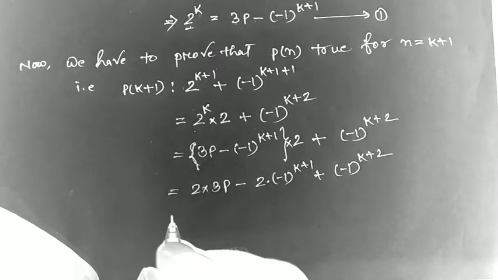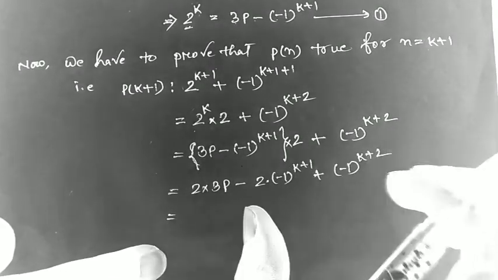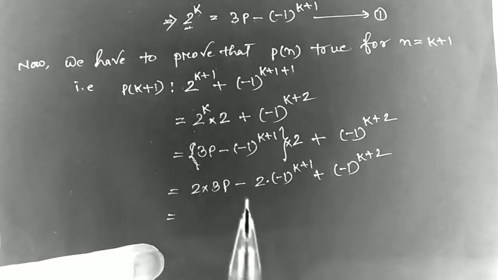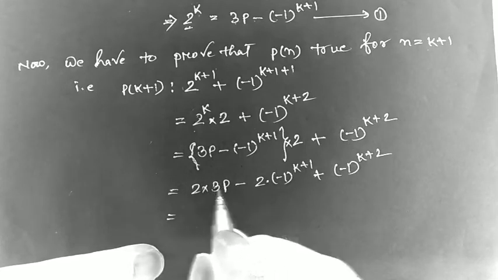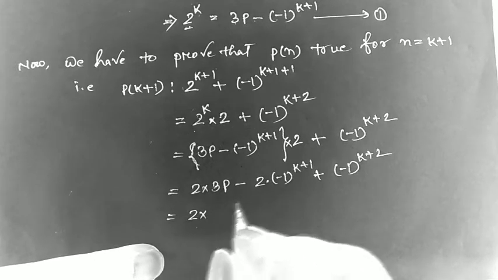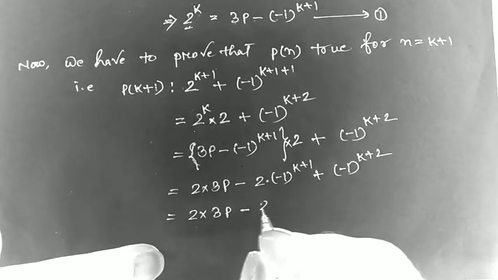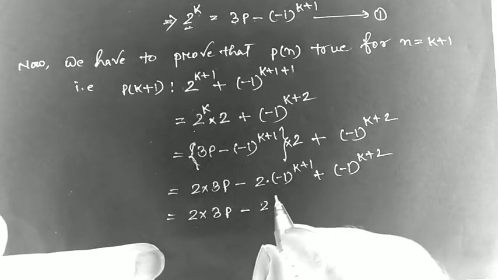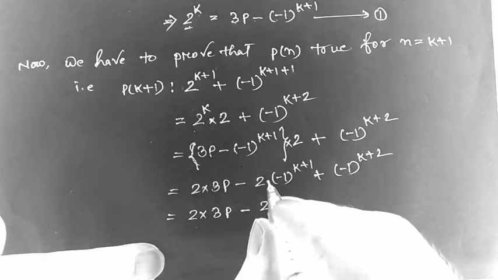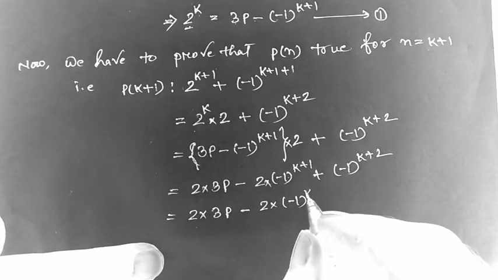Again in this step you see, if we can take a 3 common from all the terms, then we can say that this is divisible by 3. In the first term we get 3, so in the other terms we have to get 3. 3p remains the same, minus these things from these two terms. You can take common directly, or you can write one more step, 2 into minus 1 to the power k plus 1.